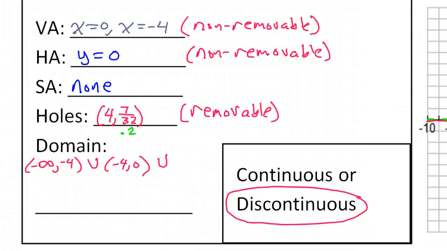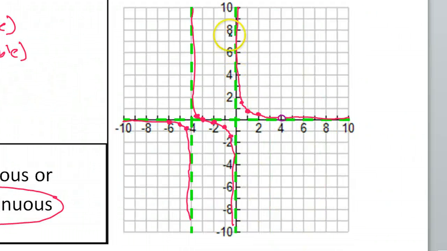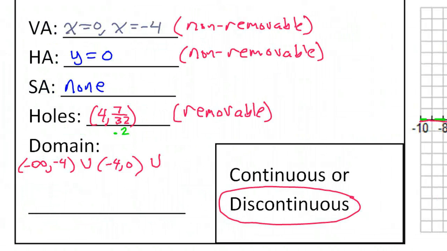Union. Alright? Now, again, this is two parts I have to do. So this first part goes from 0 to 4. Alright, x values only, so 0 to 4. Union.